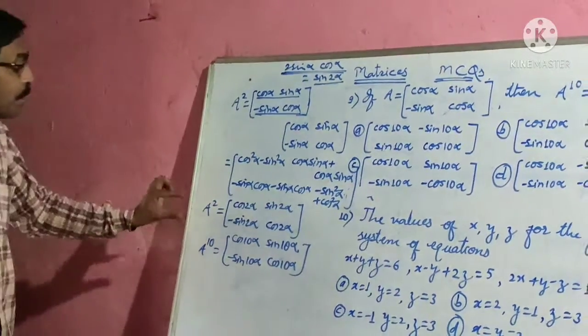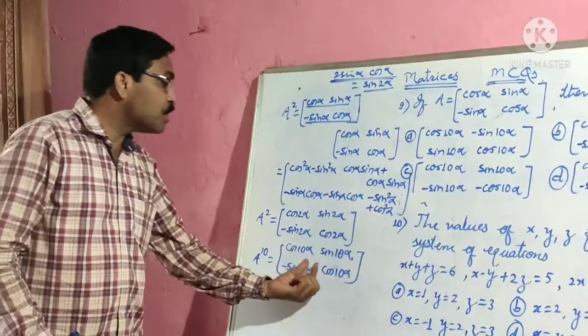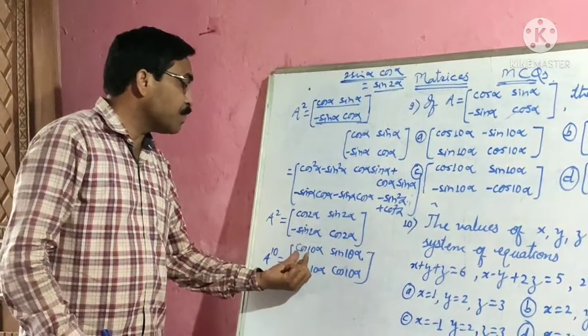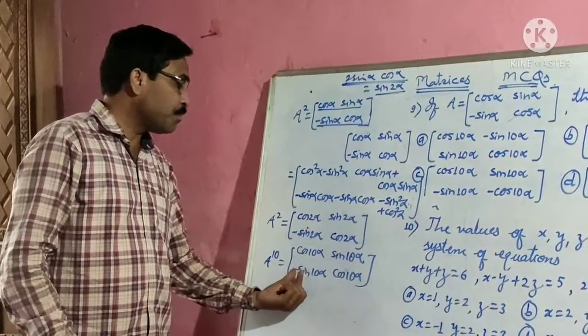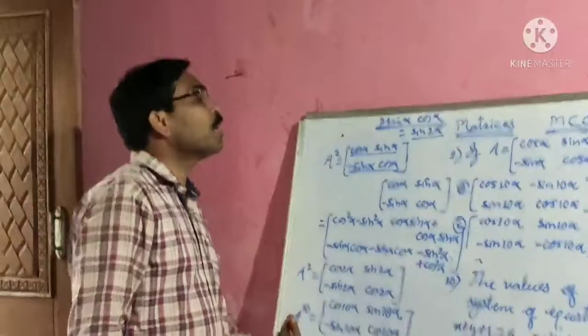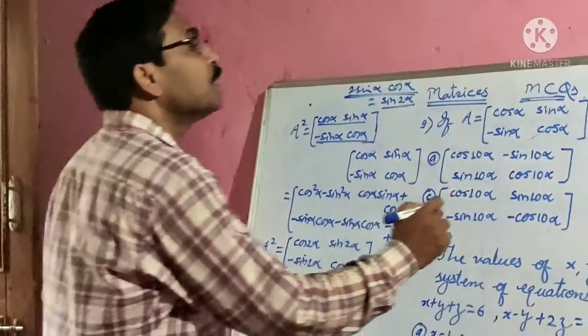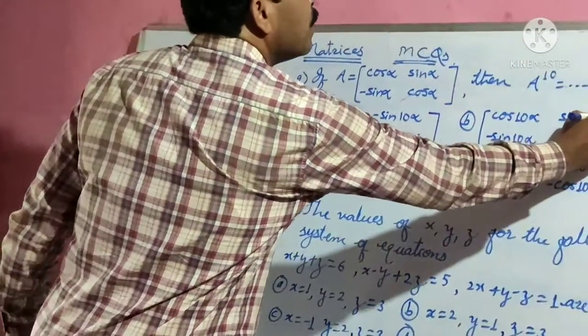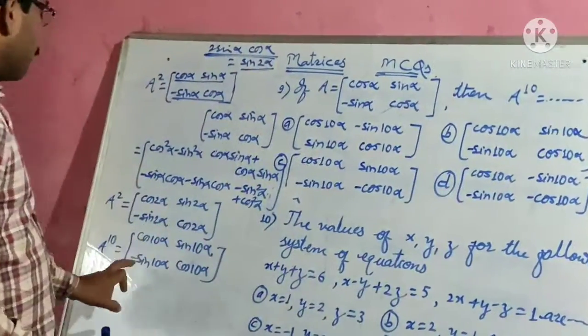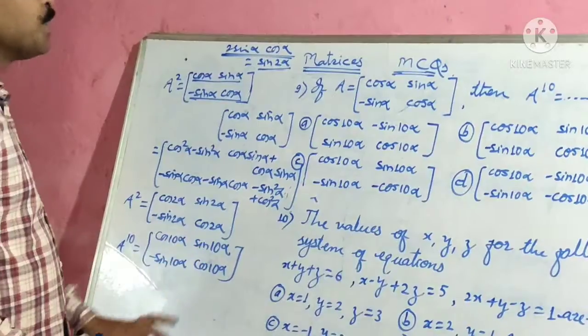So A raised to the power 10 will be this matrix: cos of 10 alpha, sin of 10 alpha, minus sin of 10 alpha, cos of 10 alpha. See this option, cos of 10 alpha, sin of 10 alpha, minus sin of 10 alpha, cos of 10 alpha.